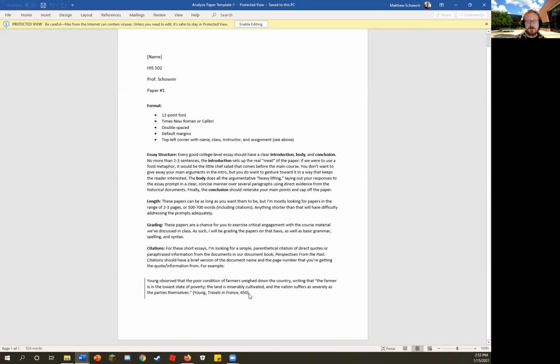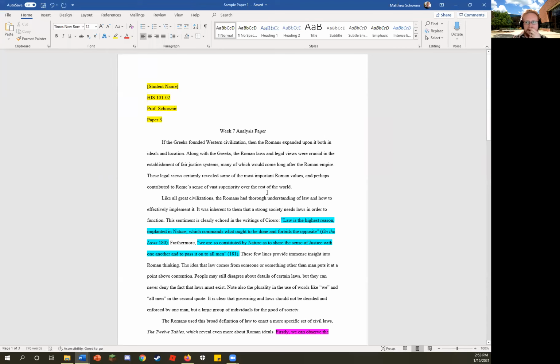Okay, so that's the quick and dirty way of how you would cite a source that you're using as evidence. You're citing a document that we've read in this class as evidence for your essay. Okay, so that's the analysis paper template. That's the shortened parenthetical version of how to cite things.